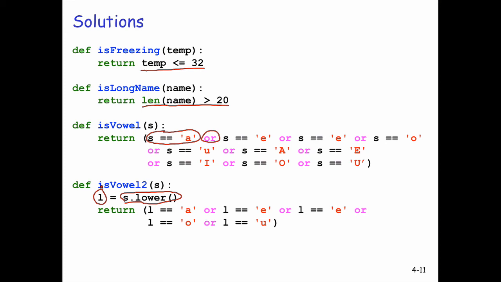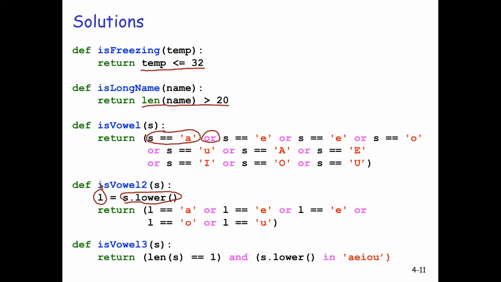An even simpler version of isVowel3 is this one, where we first check to ensure that the length of s is 1, and then after lowercasing s, we use in, which is a substring membership, to see if that string is a substring in A-E-I-O-U. And so it's very important that we check that the length of s is 1.